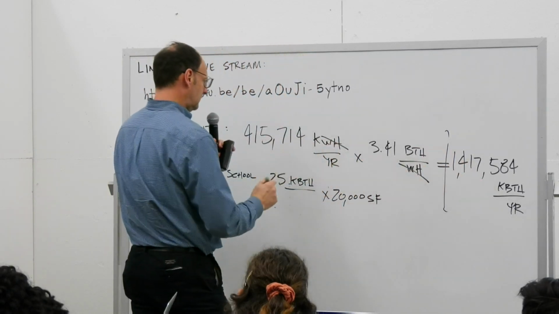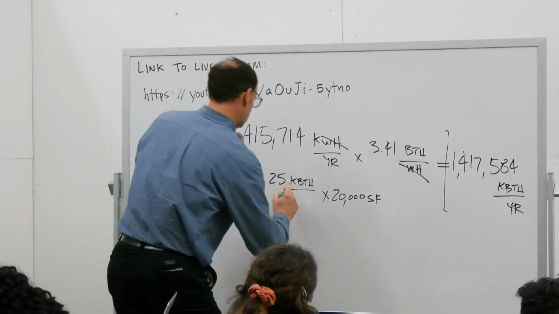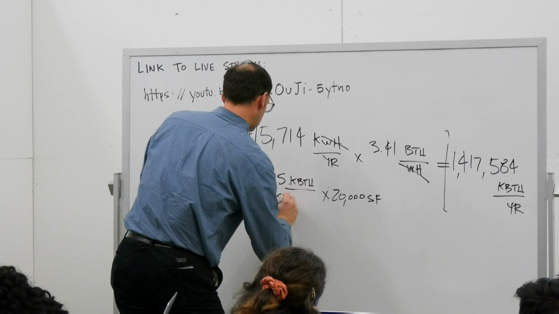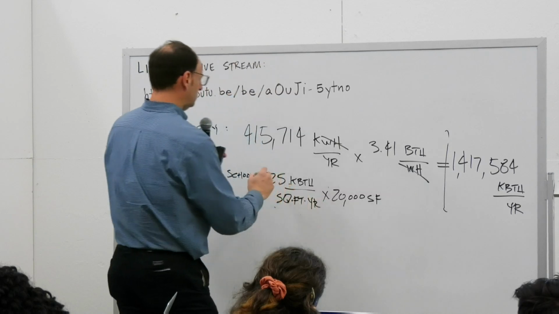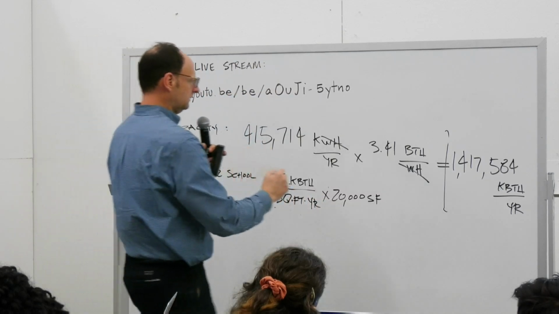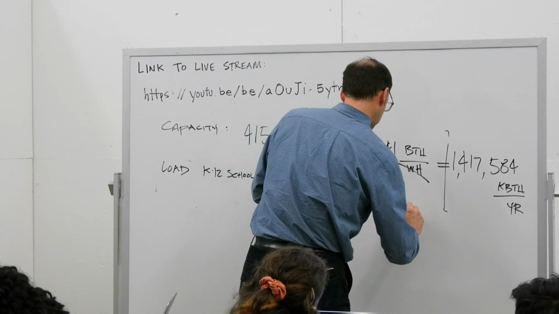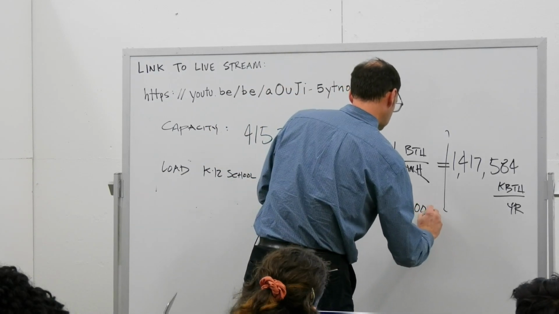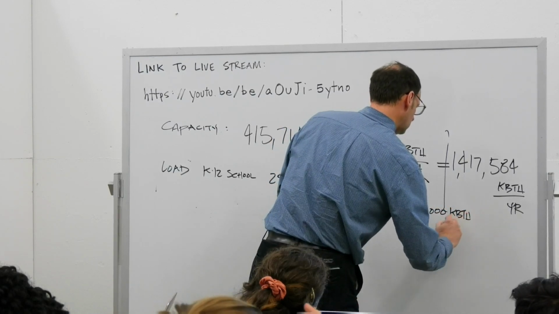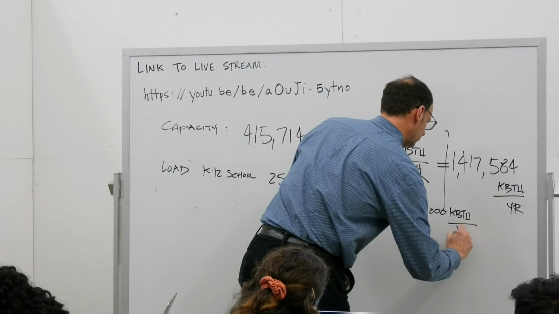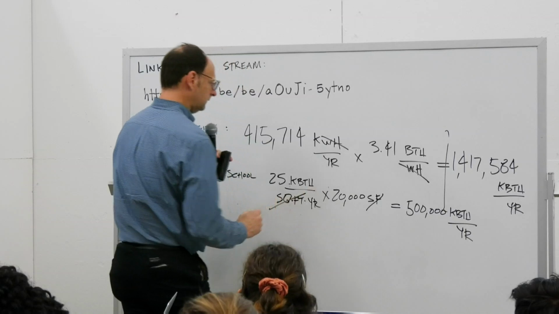That was a mistake, so just scratch that out. So we got kBTUs, and this is actually square foot year. So we'll do the school first. 25 times 20,000, 500,000 kBTUs per year. In this case, the square feet cancels out.